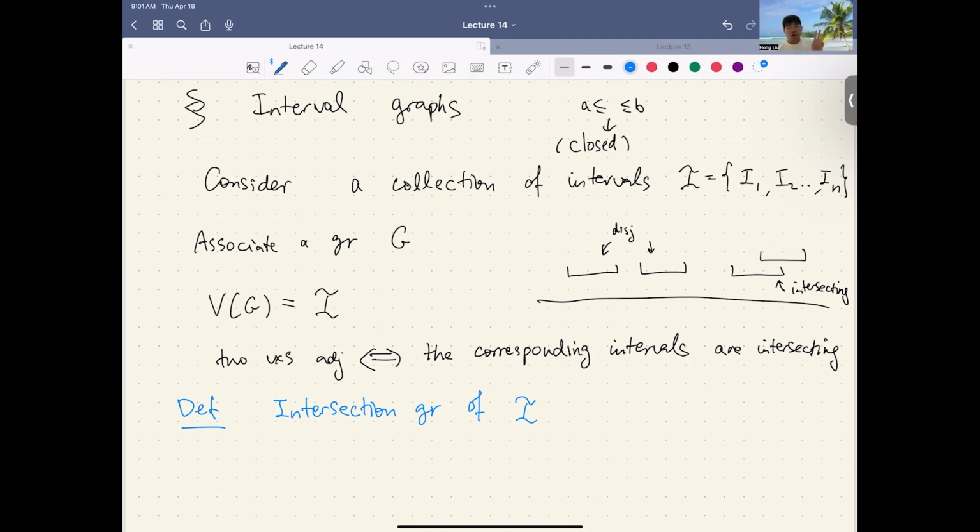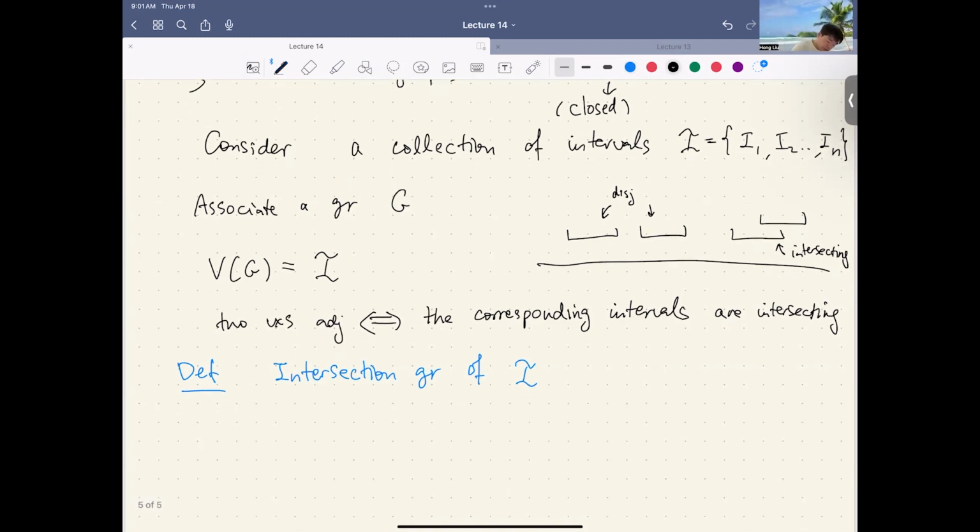Two are adjacent if and only if they are disjoint.